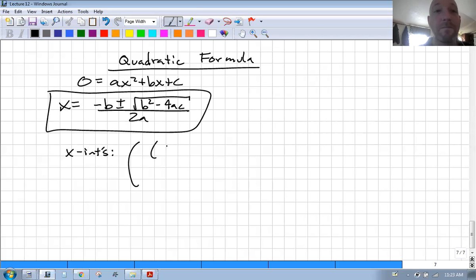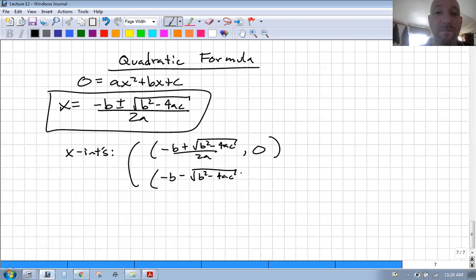You got negative b plus the square root of b squared minus 4ac all over 2a, 0, and negative b minus the square root of b squared minus 4ac all over 2a, and 0. Those are your two x-intercepts.